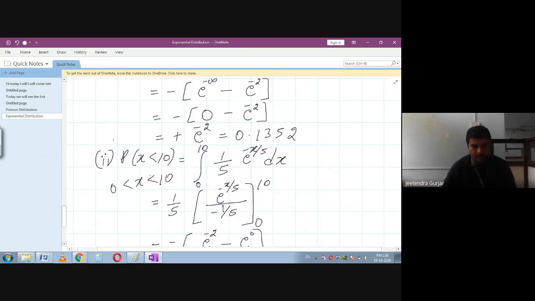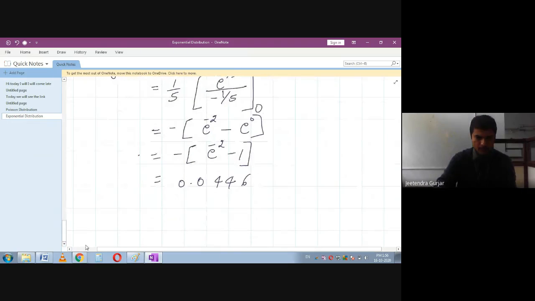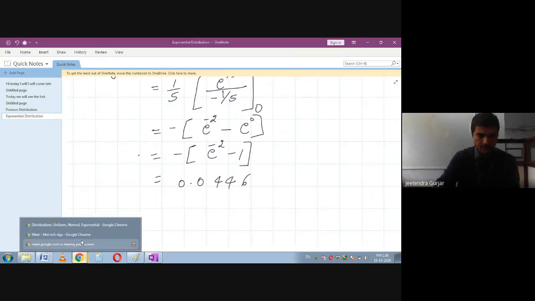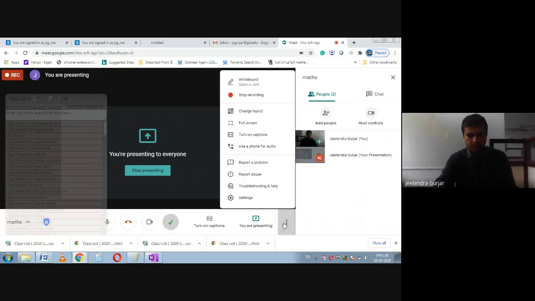We have taken here upper limit 10, so the integration will be from 0 to 10. Function you can keep as it is, 1 upon 5 e raised to minus x divided by 5 dx, and then substitute the values, directly we will get 0.046. So like this you should be able to solve the exponential functions.